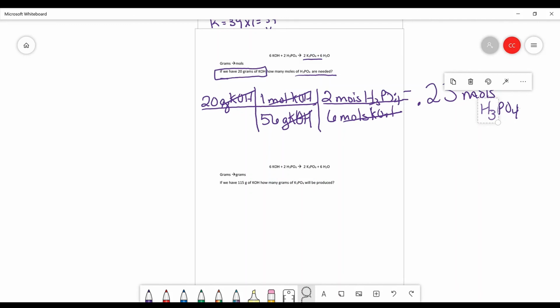And last, and this is the one that would actually be the most useful, is converting grams to grams. If I have this many grams of one substance, how many grams of another substance do I need, or how many grams will be produced? We're going to look at this question, and it's telling us we have 115 grams of KOH.